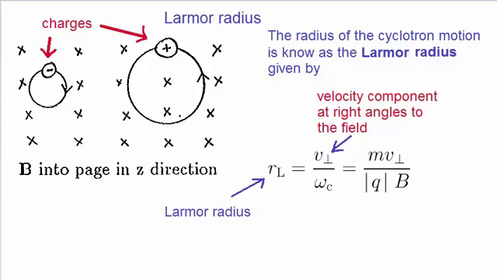Notice that V perpendicular can be Vx or Vy or combinations of them, but in the end they can both be combined to form a constant speed V perp. And we substitute the expression we've just obtained for omega c on the right-hand side.